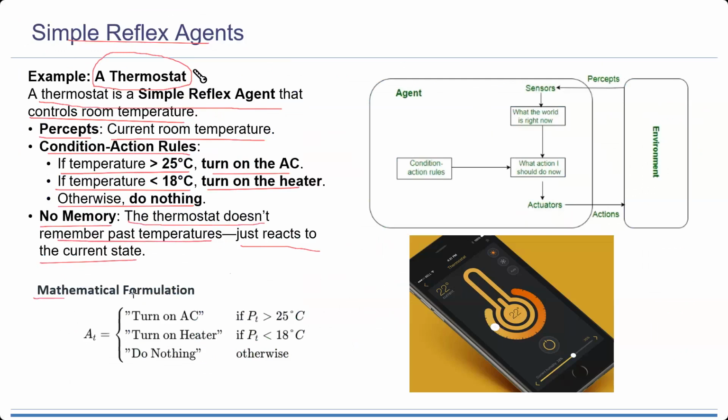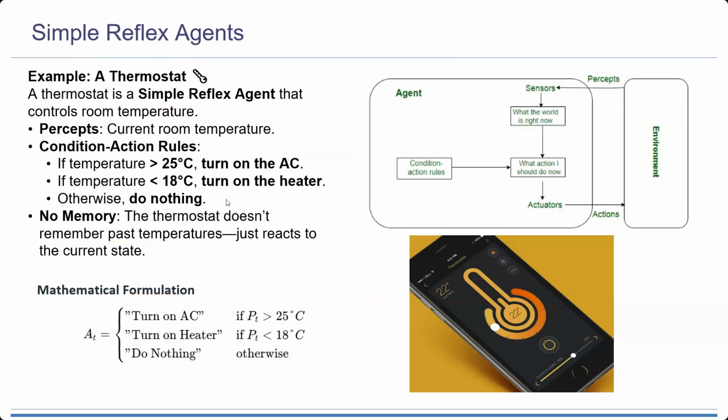In the mathematical formulation, we can write it like this. If P_t, the percept at time t, is higher than 25, turn on the AC. If P_t is less than 18, turn on the heater. Otherwise, do nothing.